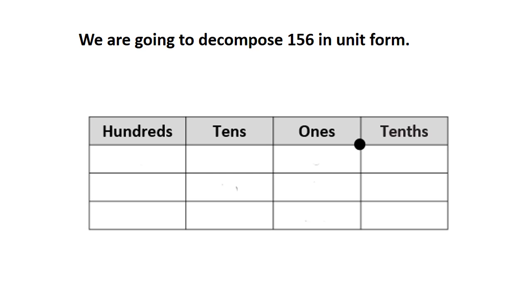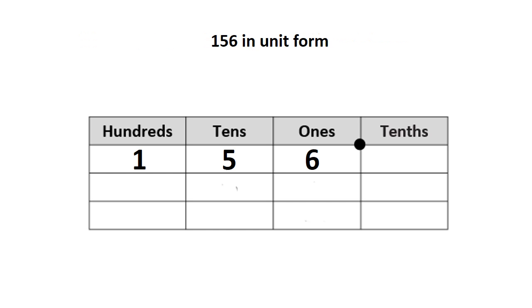Now here we have a standard place value grid, and we're going to decompose 156. Now 156 as written is in standard form. When we decompose it into unit form, we place those digits into their proper place value. So I have 1 hundred, 5 tens, and 6 ones.